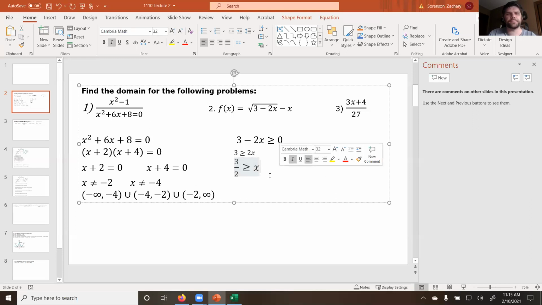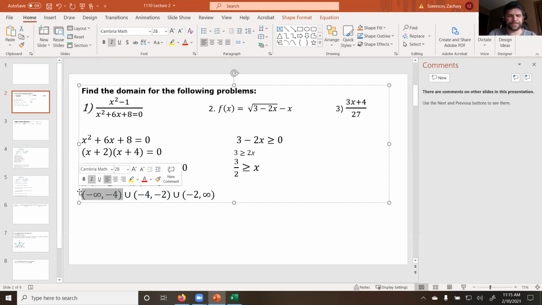Great. Now, how do I write this in interval notation? I want to describe all the numbers that are less than or equal to 3/2.